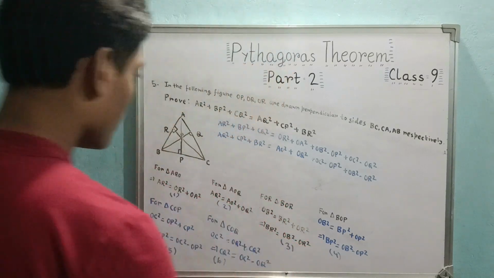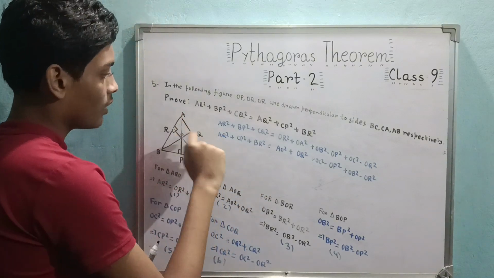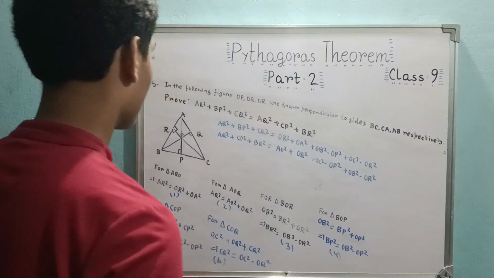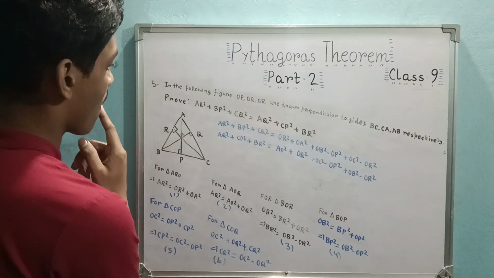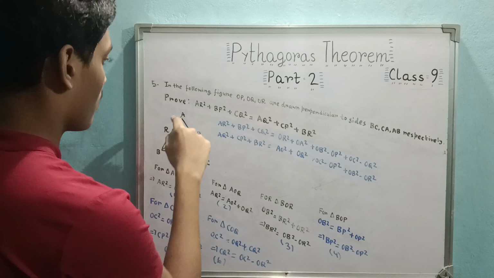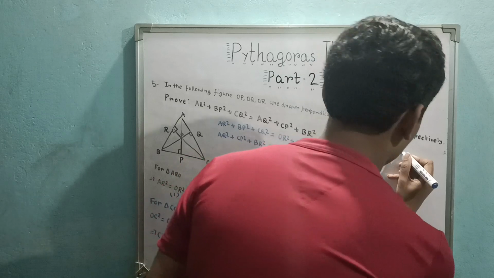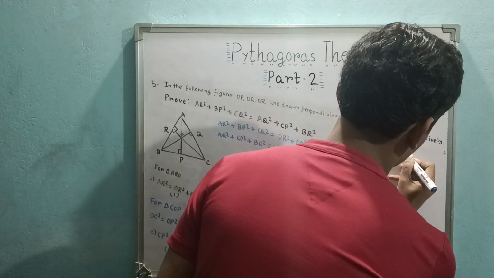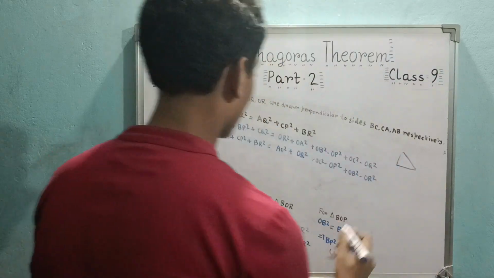So what is here? AQ square, this triangle AOQ. Just see AOQ here. Suppose this is a triangle, like this it's given, the right angle being here.